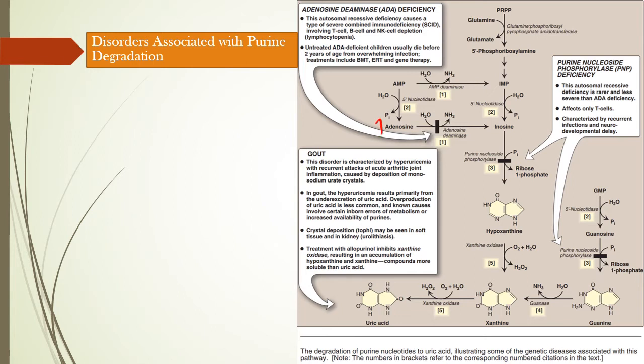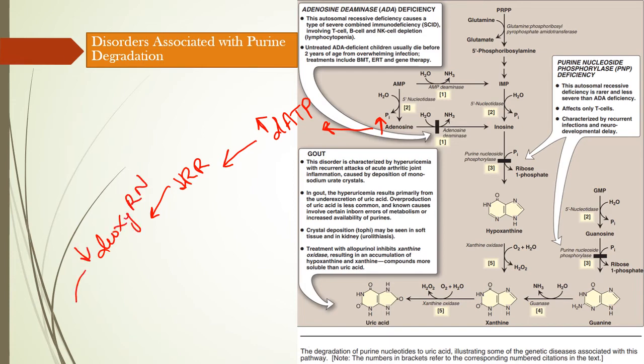So adenosine becomes elevated, and this adenosine may be converted into ribonucleotides, or it might also be converted into dATP. When dATP rises, it may inhibit the enzyme ribonucleotide reductase. When ribonucleotide reductase becomes inhibited, then deoxyribonucleotides cannot be formed.